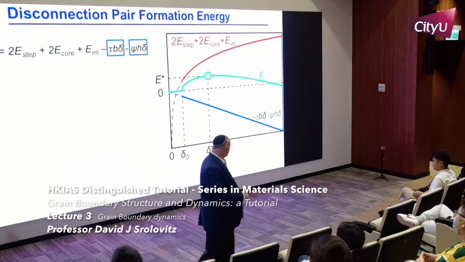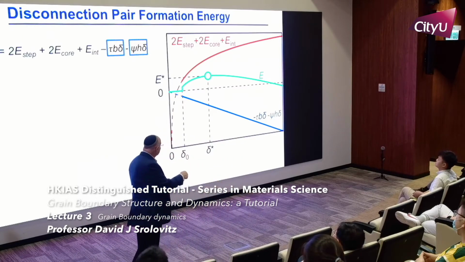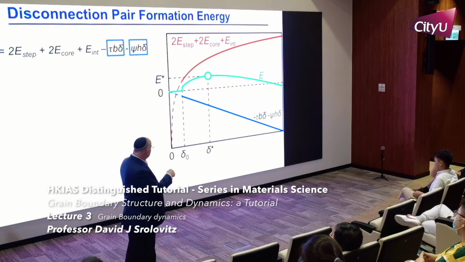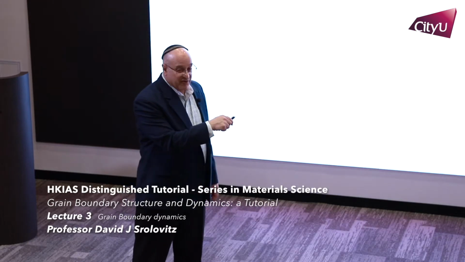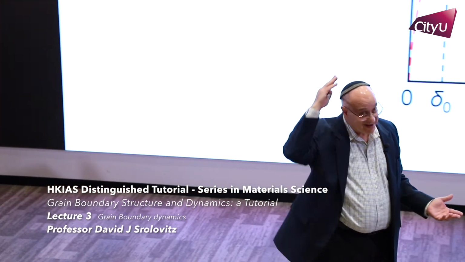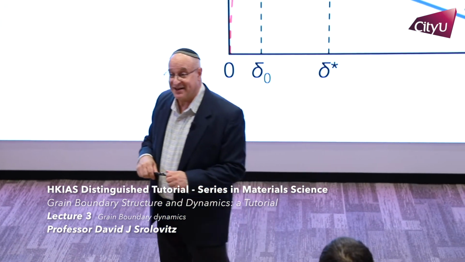So there is a critical size given by the place where that curve has zero slope, and there's an energy which is the formation energy of the critical size. Just like nucleation theory. So we all know how to do that.